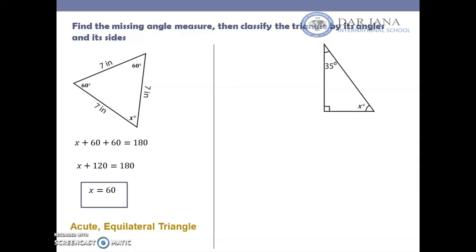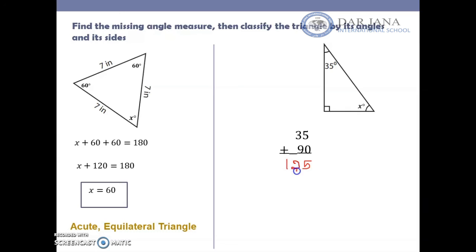The figure to the right. Remember that the square corner is a 90 degrees angle, so it's a right angle. So you're going to add it with a 90. Now 35 plus 90, this will be 5, and this will be 12.